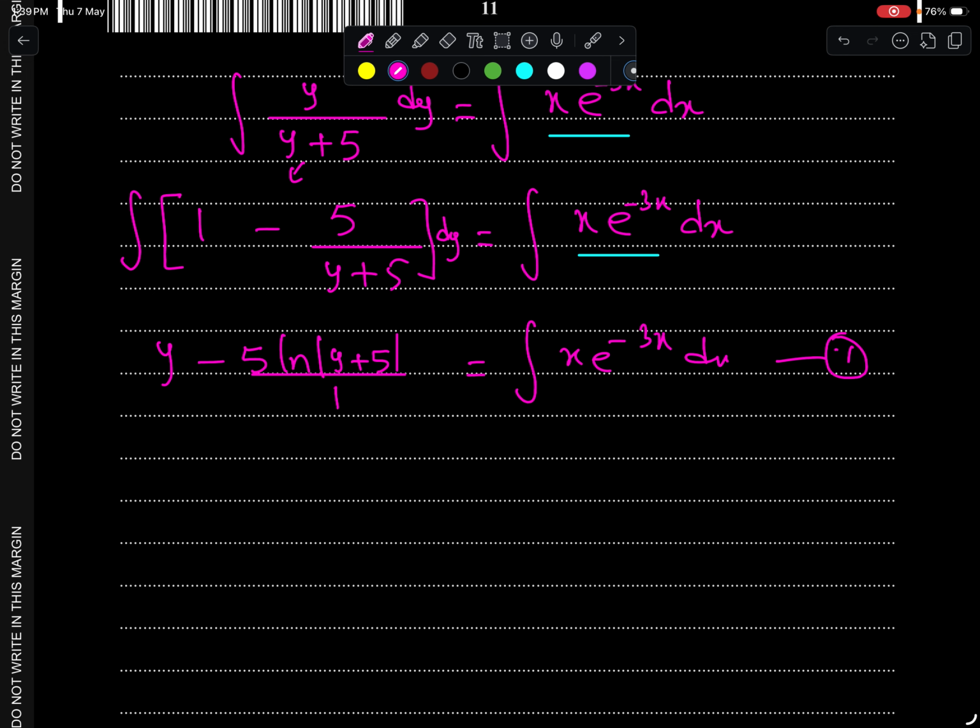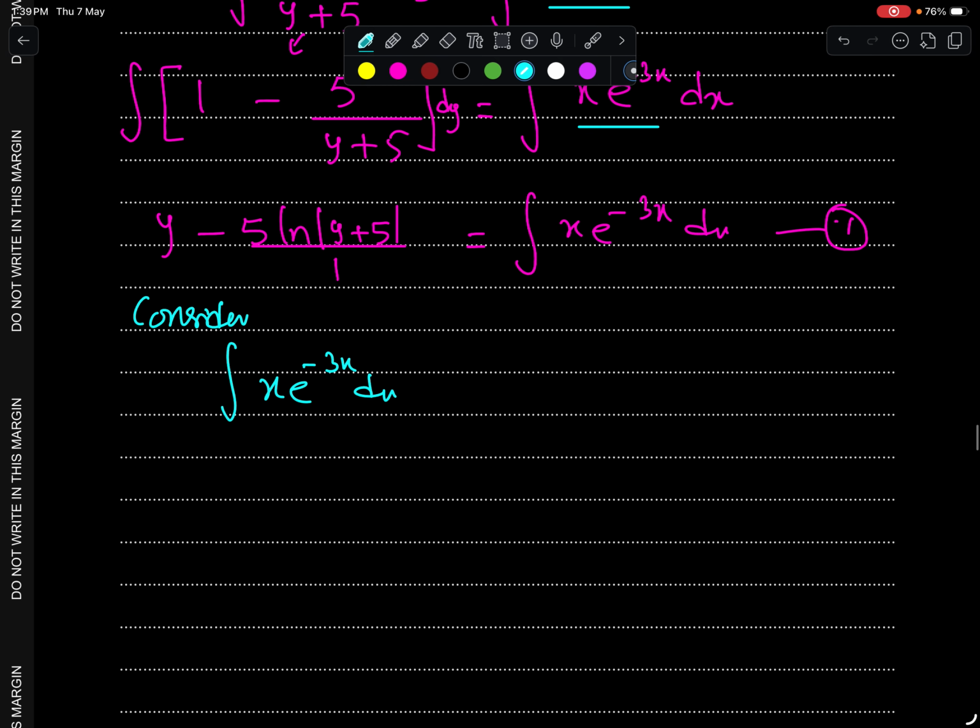Now consider the integral of x e^(-3x) dx. We have a product of algebraic and exponential. So according to LIATE, algebraic comes before exponential, so algebraic is u, and the other function with dx is dv.